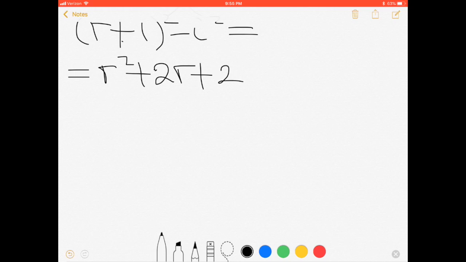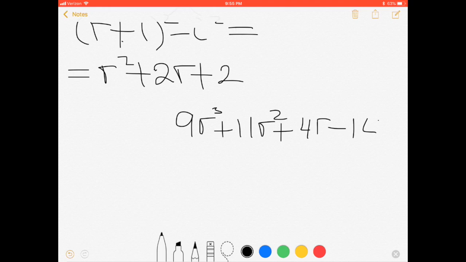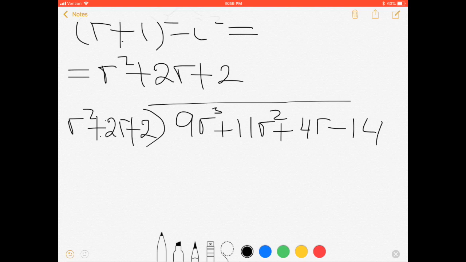Let's try. We divide 9r cubed plus 11r squared plus 4r minus 14 by r squared plus 2r plus 2.